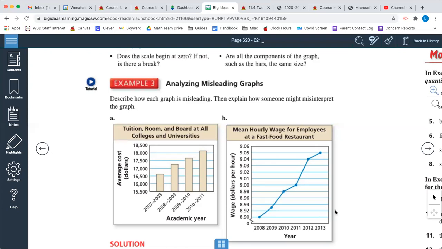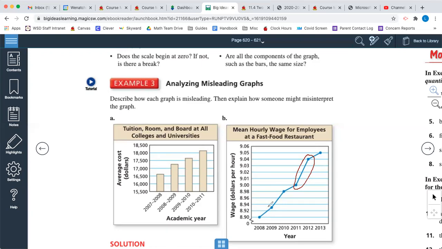In addition to that, this graph is also really deceptively or incorrectly constructed, because if we look at this, it looks like there's this massive increase from 2011 to 2012, when in reality, I mean, it did go up 4 cents, which is one of the larger increases.